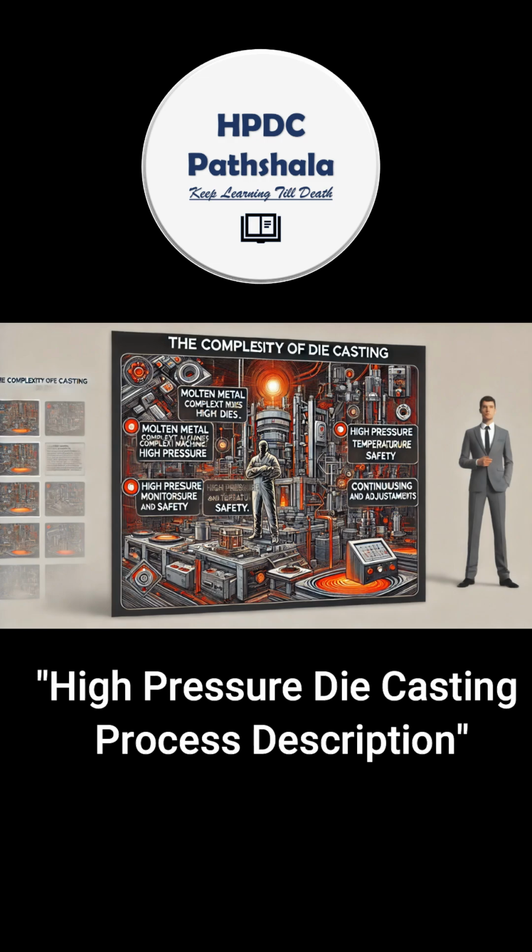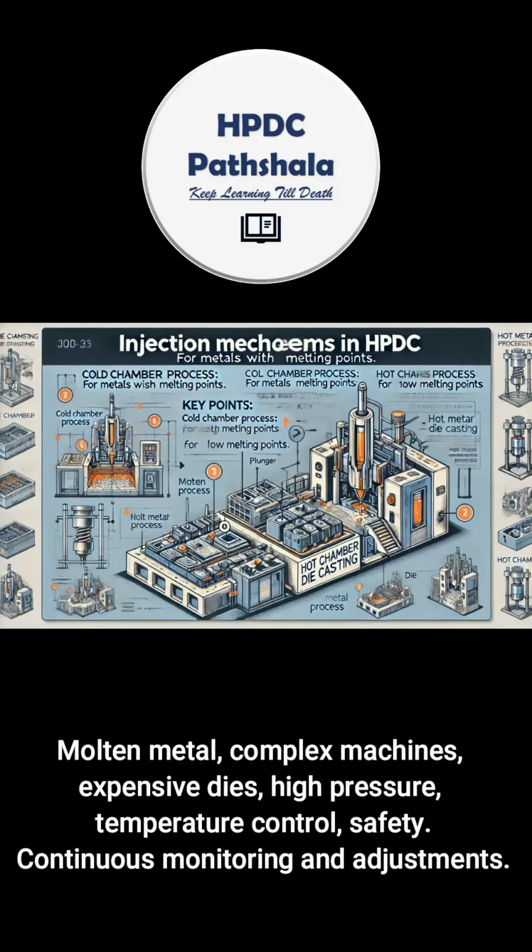So let's start by understanding the basics of the high pressure die casting process. In HPDC, molten metal is injected into a steel die under high pressure. The high pressure ensures that the molten metal fills every space between the die halves within milliseconds, or you can say 30 or 40 milliseconds.